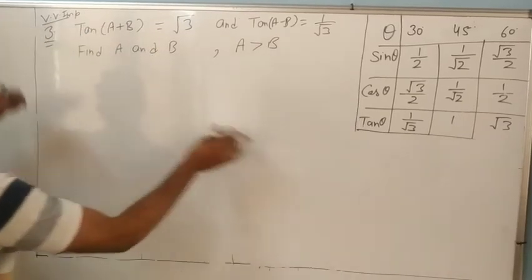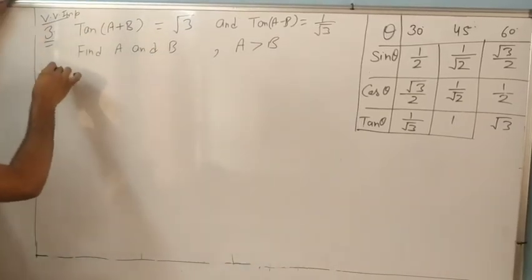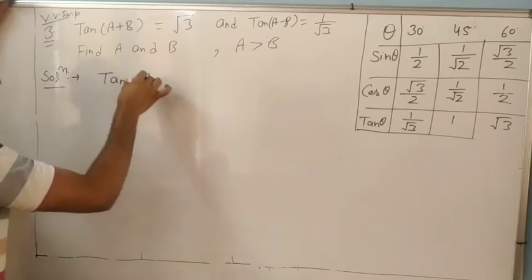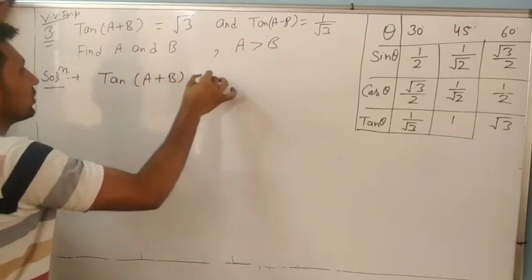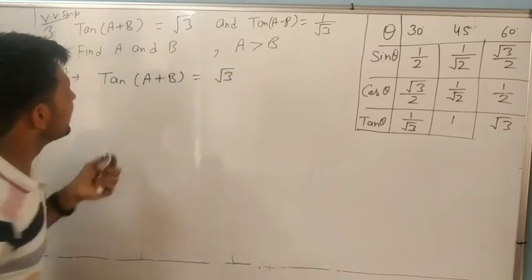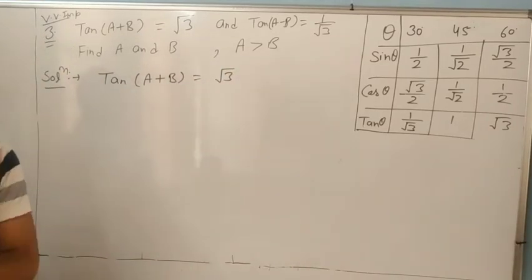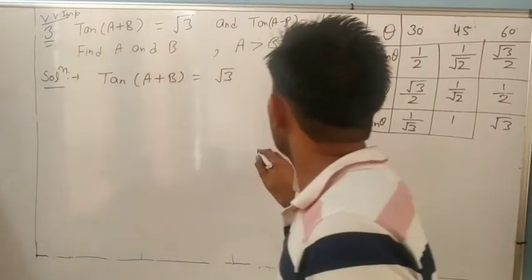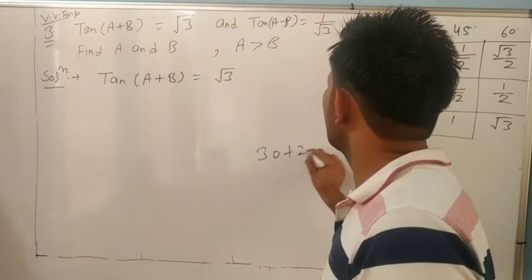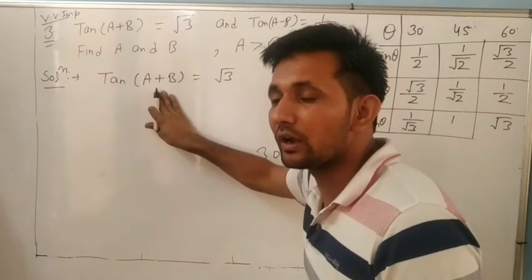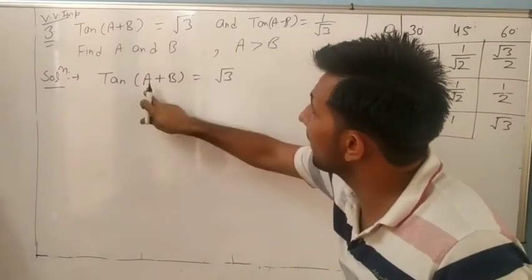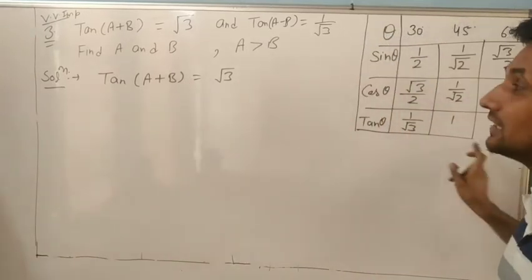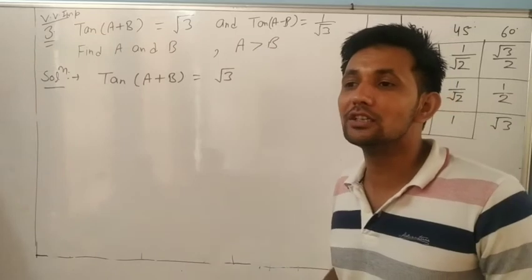Same here, in this question first we are given tan(a plus b) equal to root 3. The angle given is a plus b, because a may be 30 degree and b may be 20 degree, which means it is tan 50. Same here, the angle a plus b whose tan value is root 3 is 60 degree. It means a plus b equal to 60 degree.